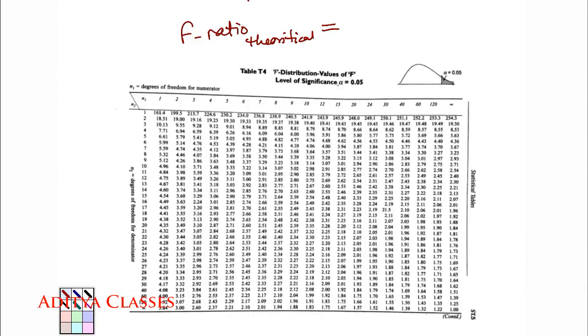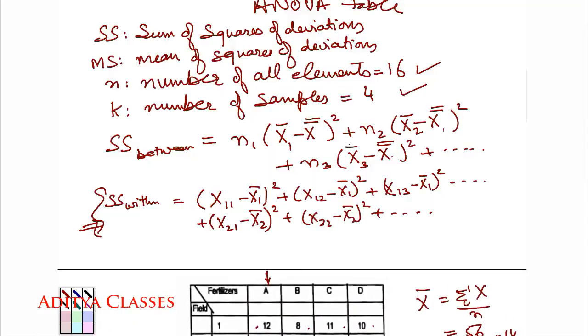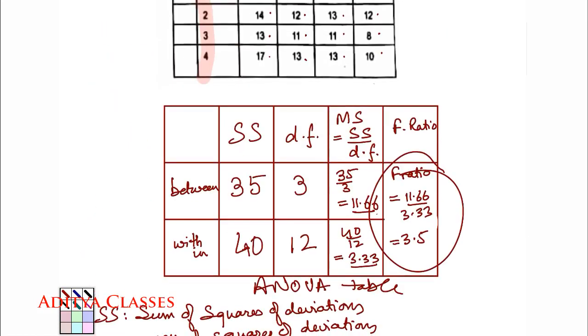Now if you have a look at this table, here we have N1 and here we have N2 values. What is N1? N1 is degrees of freedom of numerator. N2 is degrees of freedom of denominator. So in numerator, while finding out F ratio, our numerator was 11.66, and the degrees of freedom for this numerator was 3.